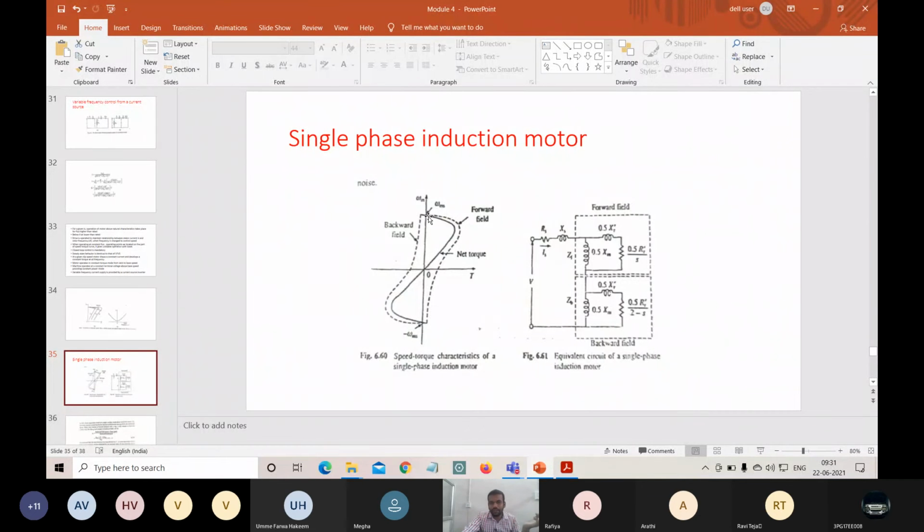Similar to the positive response, this is the negative response. So here in the speed torque characteristics, whenever the torque is 0, the speed will be maximum.